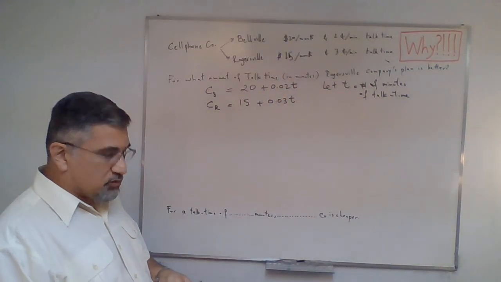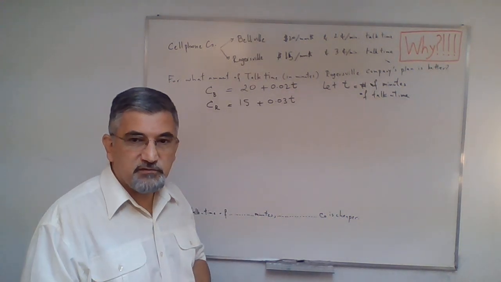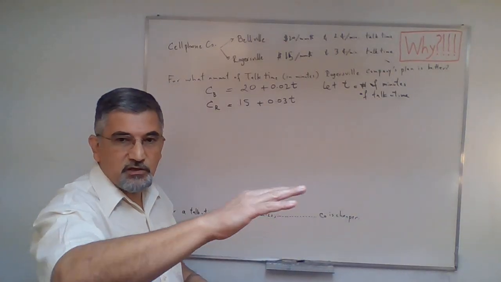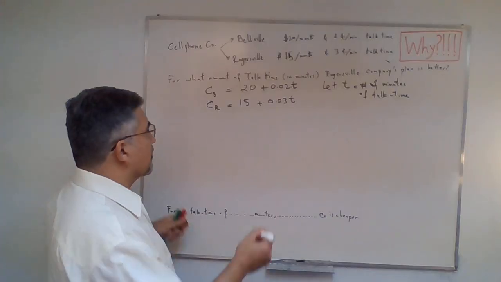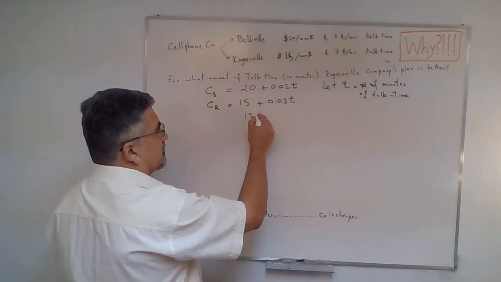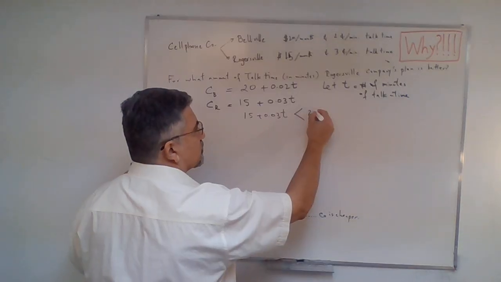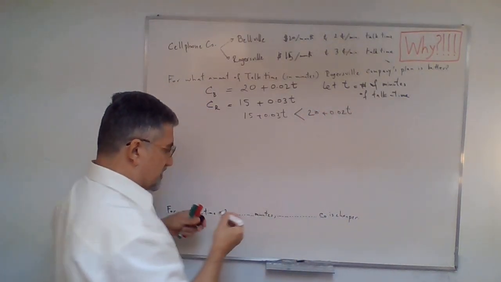When we say Rogersville's plan is better, it means that it's cheaper, obviously, because we assume that both companies offer the same level of standards in terms of technology and all of that. So we want 15 plus 0.03t to be less than 20 plus 0.02t. That's what we want.